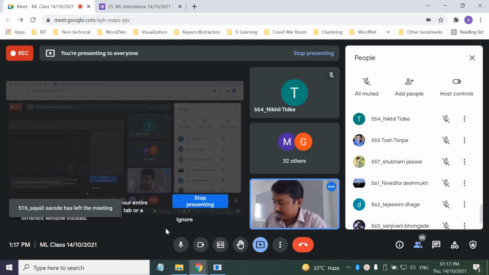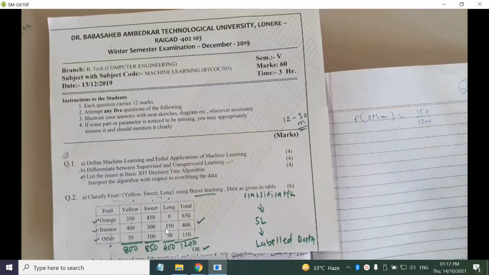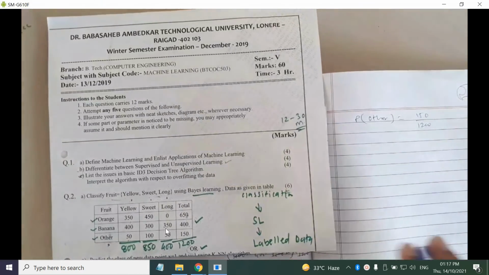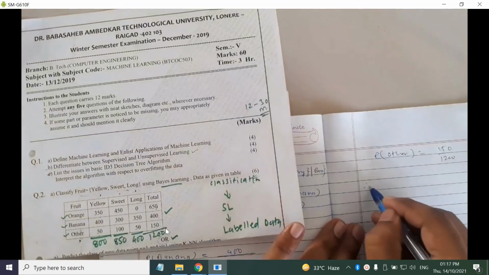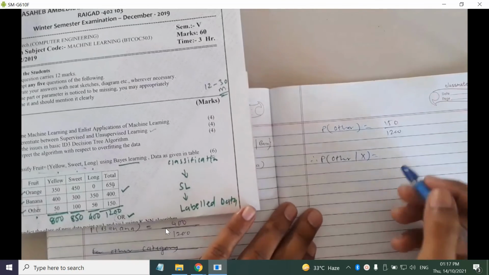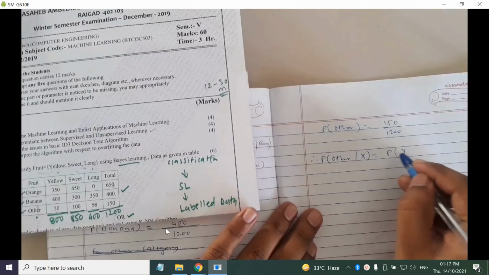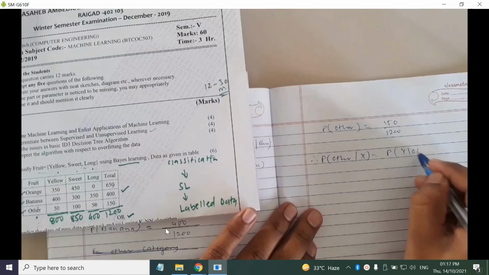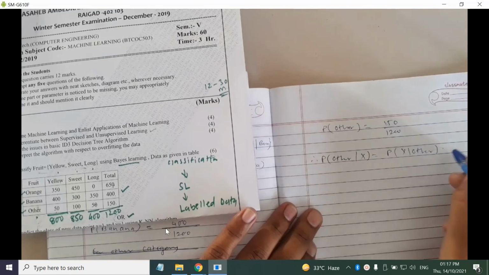Okay, so out of 1200 fruits, 150 are other, and that is the value. So probability of other class given x equals probability of x given other into probability of other, divided by probability of x, right?